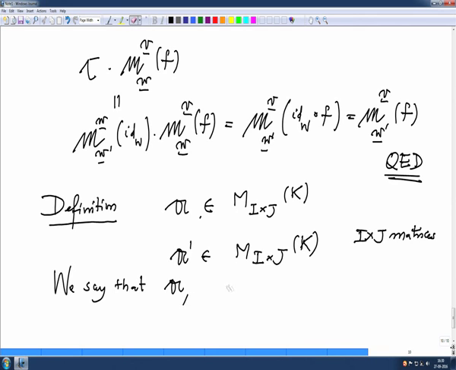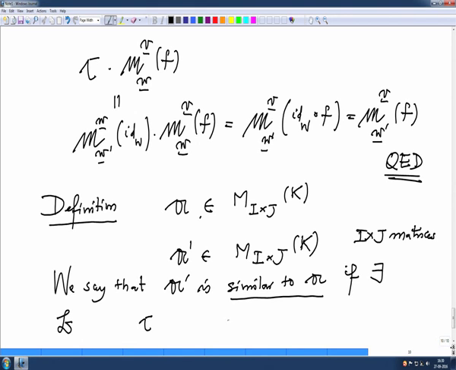We say that A prime is similar to A if there exist, I will write their order a little later, B and C, two matrices such that A prime equals C A B inverse.